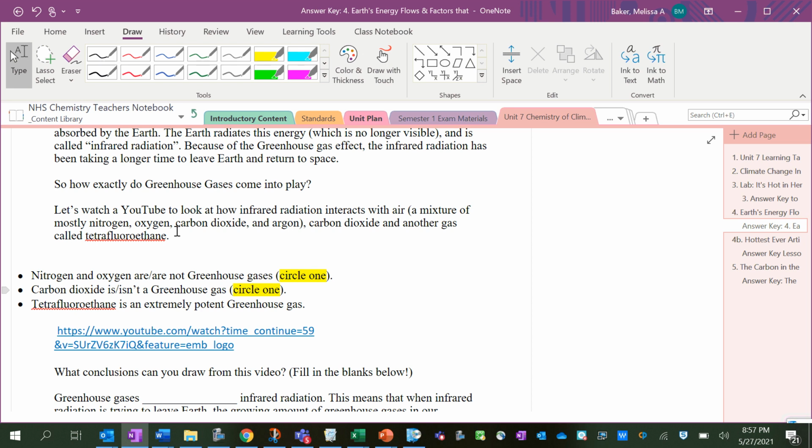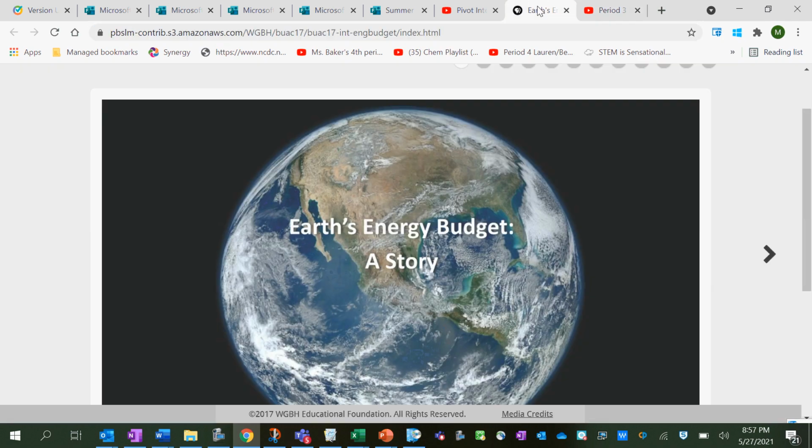Nitrogen and oxygen are not greenhouse gases. They did not wiggle in that simulation where we fired infrared photons at them. Carbon dioxide is a greenhouse gas, and this is new information. Tetrafluoroethane is an extremely potent greenhouse gas. Okay, so let's take a look at this YouTube video.